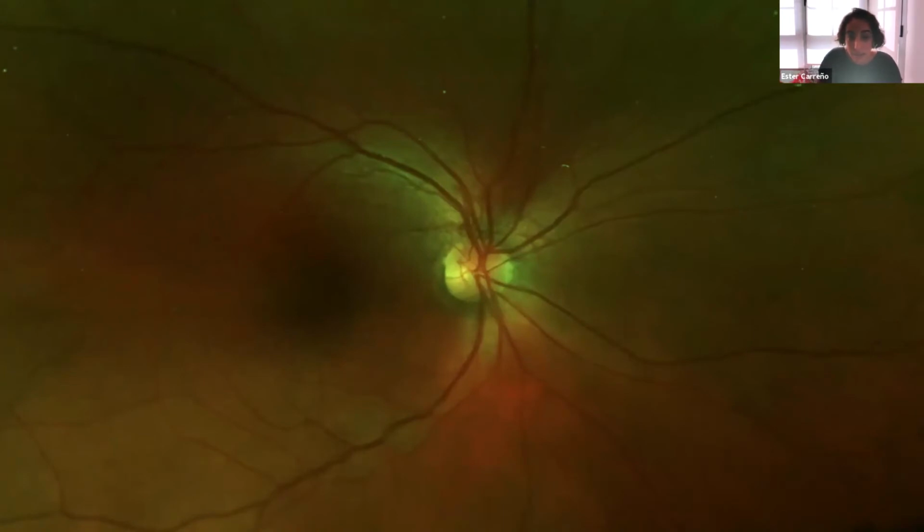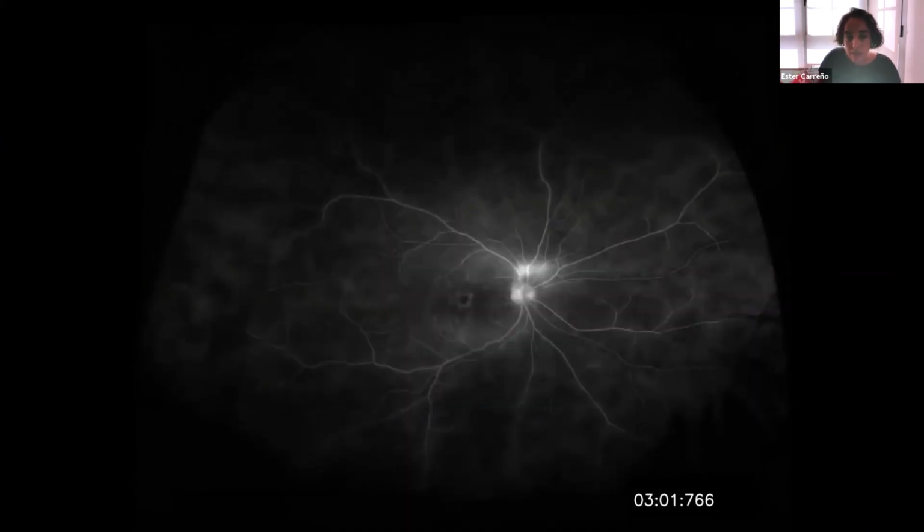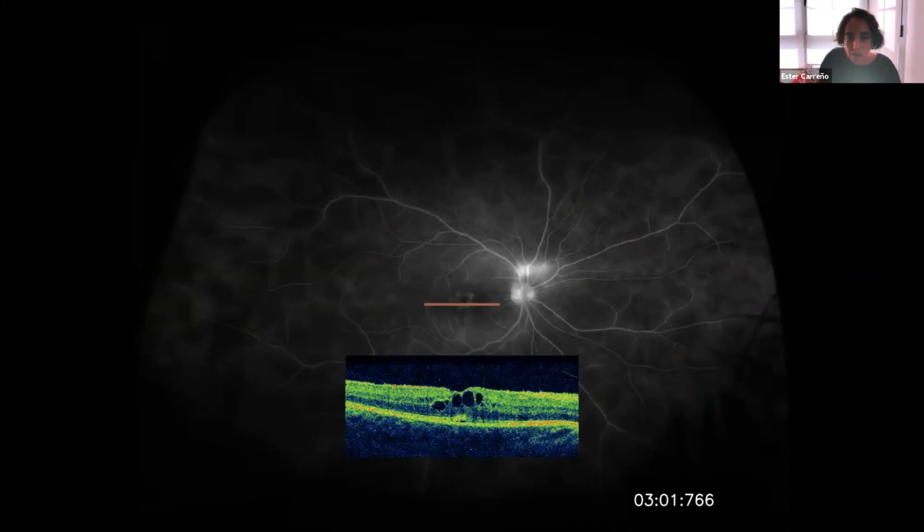Even in this patient, I don't have an OCTA, but probably an OCTA will be quite normal. However, if we do a fluorescein angiography, we can see that these new vessels are made because of the vasculitis that is going on in this eye. And also we can see the macular edema that we could already see with an OCT.